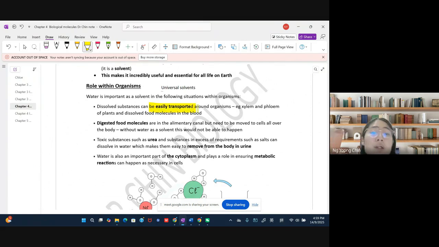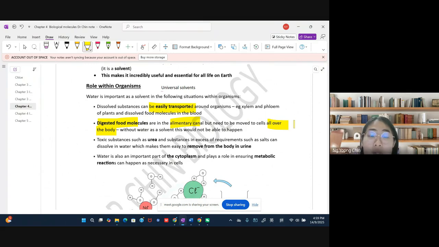For example, our blood also contains a lot of water. So for the blood to be able to transport nutrient molecules, it requires the water to help. And then for this one, digested food molecules in the alimentary canal need to be moved to the cells all over the body.